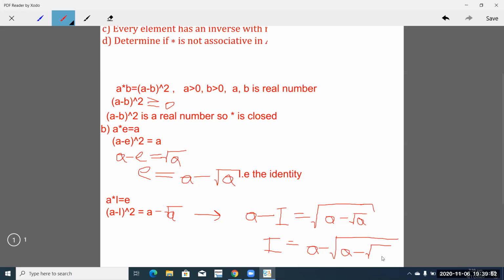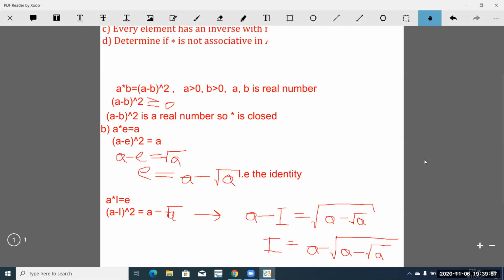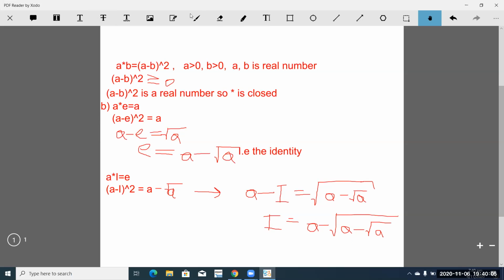And that's how we find the inverse. It's just a bunch of formulas and equations to remember, and once we remember the equations, we're good with binary operations. So that is the inverse.